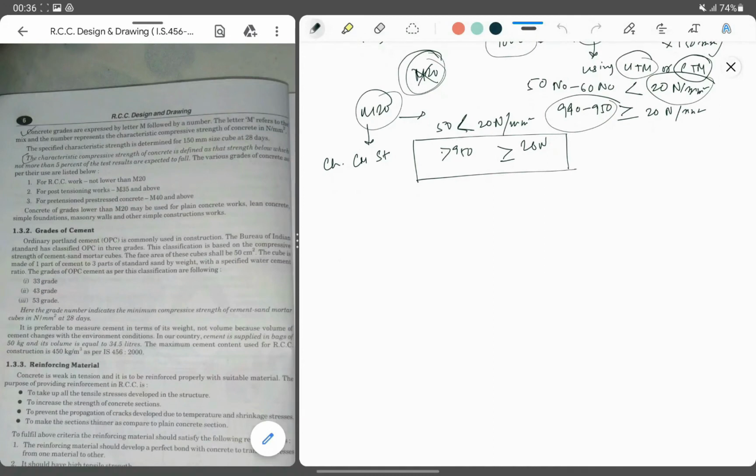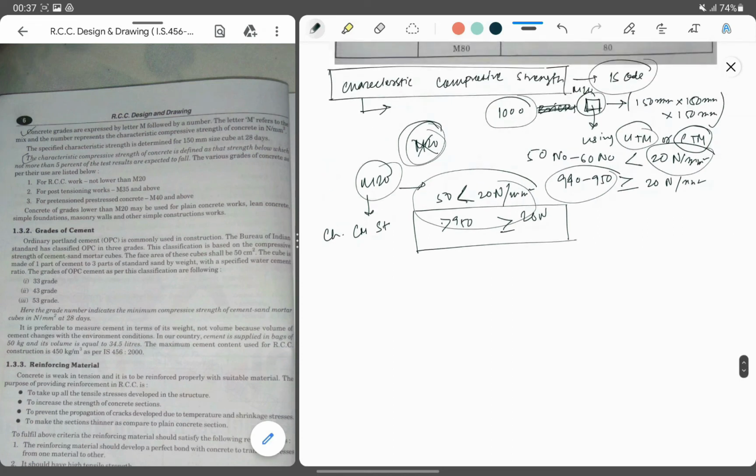As per the book, characteristic compressive strength of concrete is defined as the strength below which not more than 5% of the test results are expected to fall. Expected to fall means not more than 5%. Its strength should be not less than 20. So that is basically your characteristic compressive strength. I hope the picture is very clear to you.